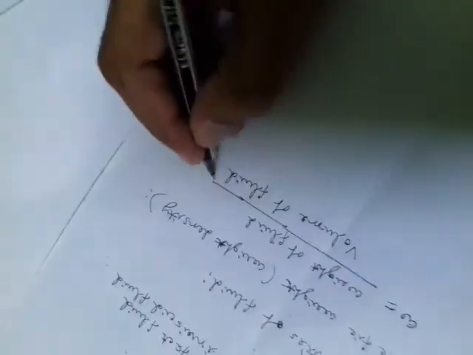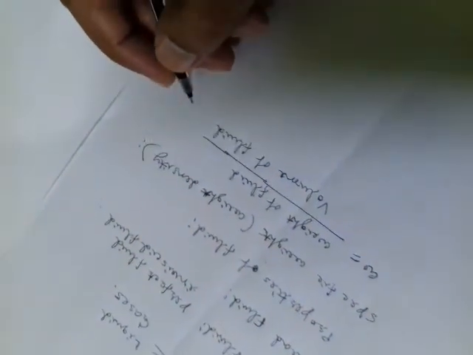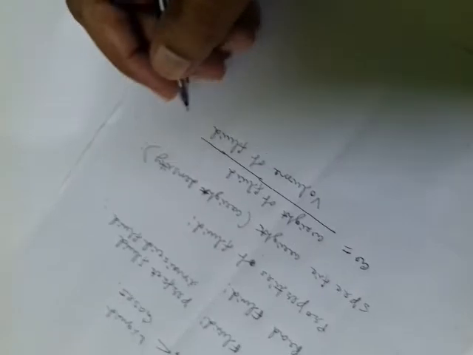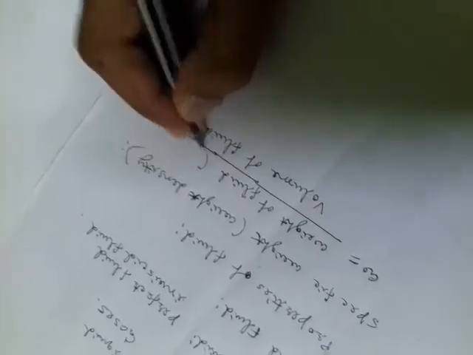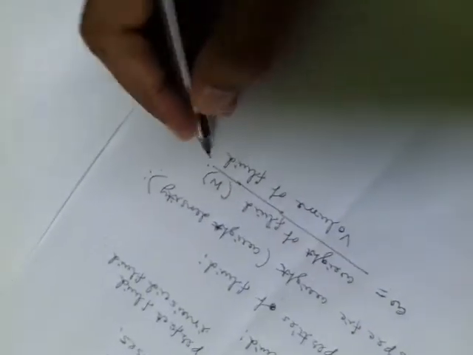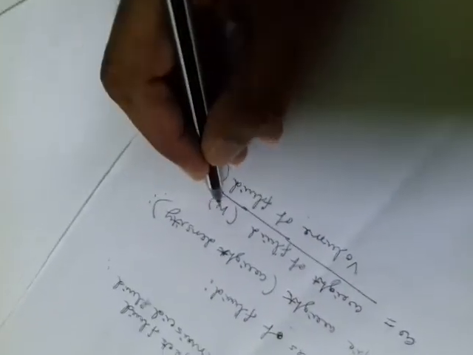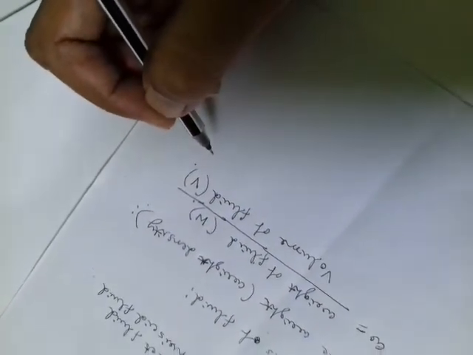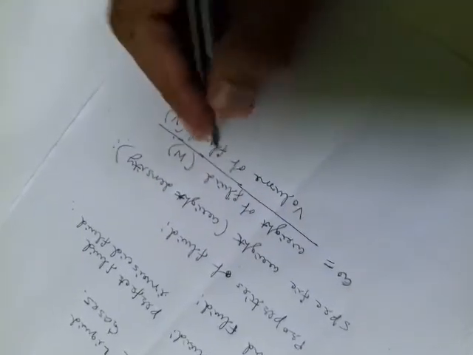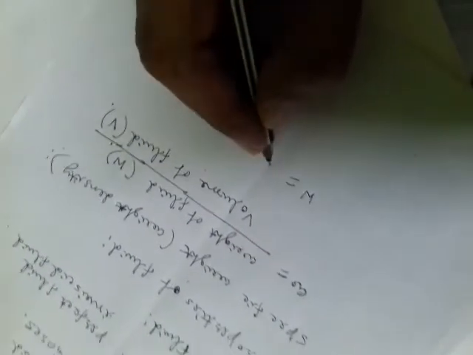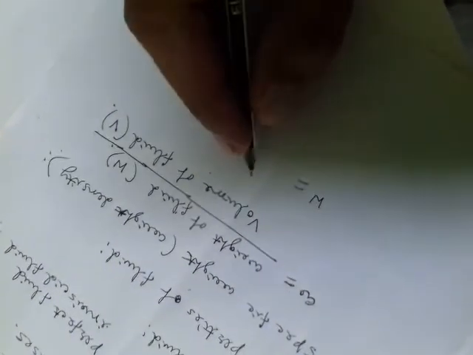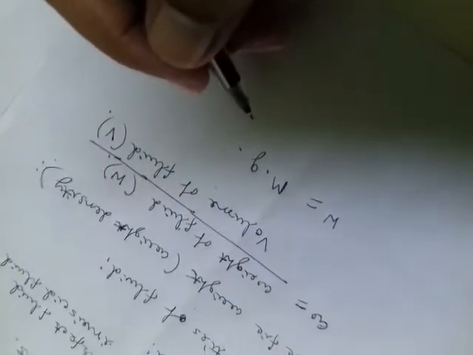In the chapters of physical science, we studied well that weight of a substance is denoted as capital W, and volume of a substance is denoted as V. So here weight of fluid is also denoted by capital W, and volume of fluid by capital V. Now we know that capital W, that is weight, is the multiplication of m and g, where m is the mass and g is the gravitational acceleration.